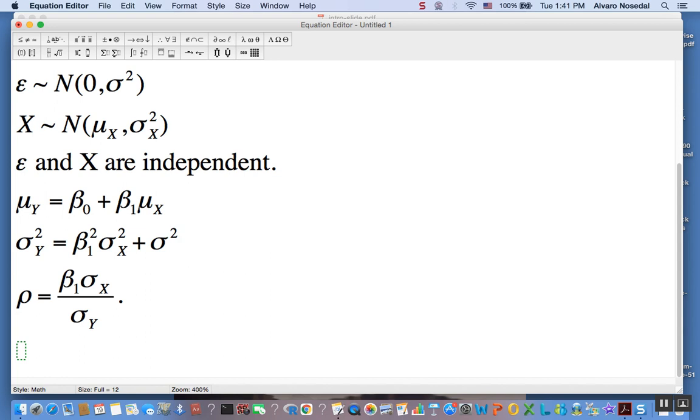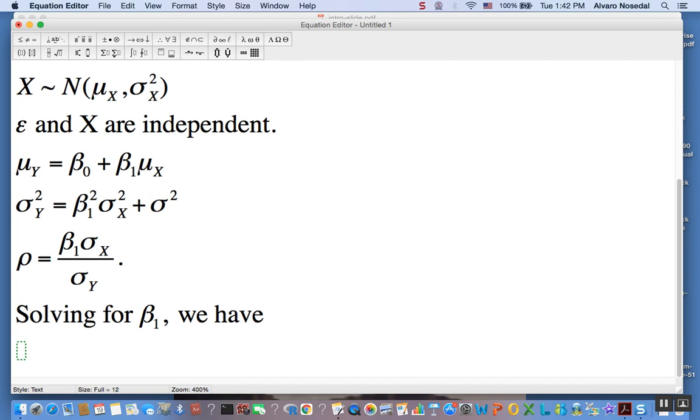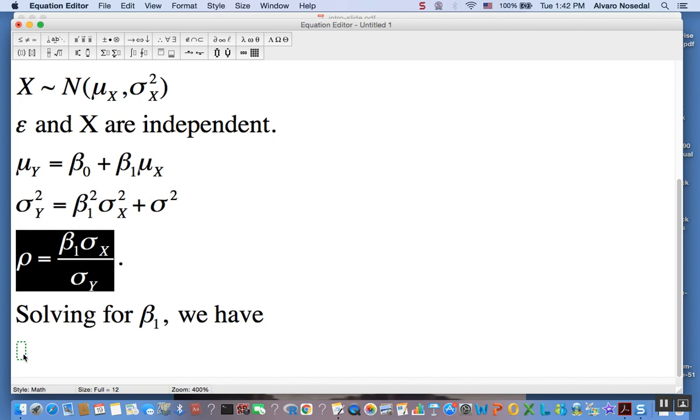Solving for beta 1, we have that beta 1 is equal to rho times sigma sub y divided by sigma sub x. Make sense? Let me write that down.